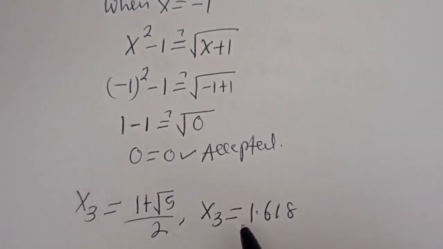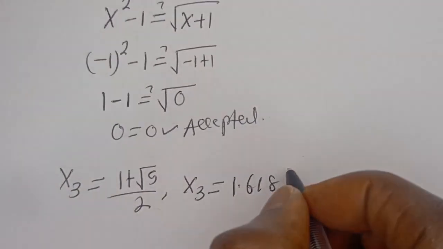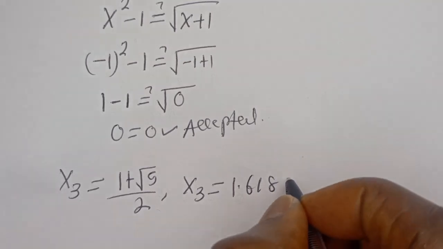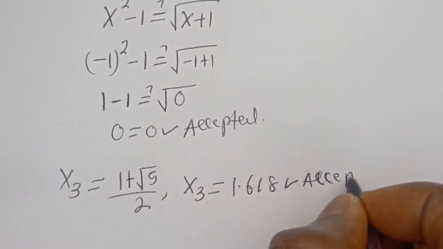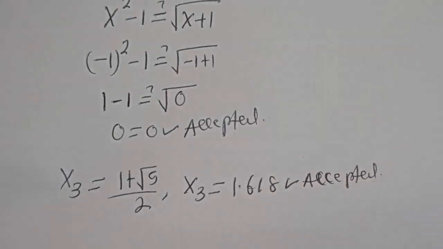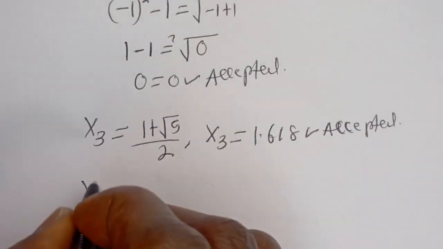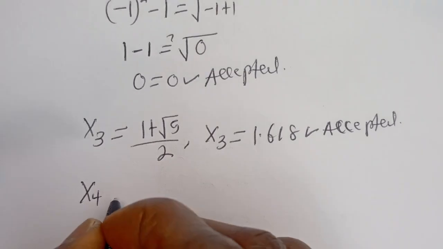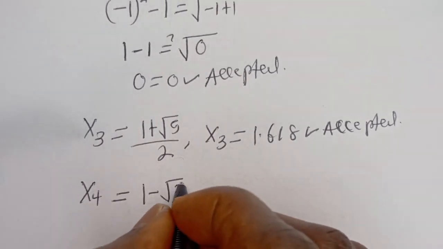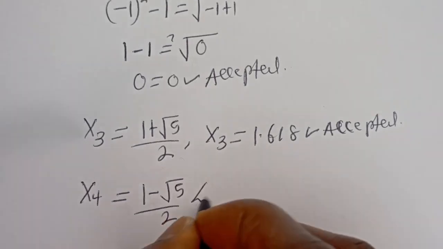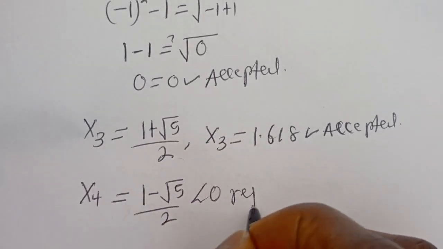So therefore, if we check, this is also accepted. Now, if you look at s4, this is equal to 1 minus square root of 5 over 2. This is less than 0, so this is rejected.